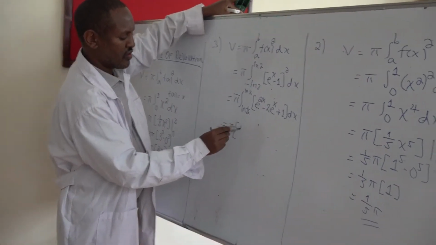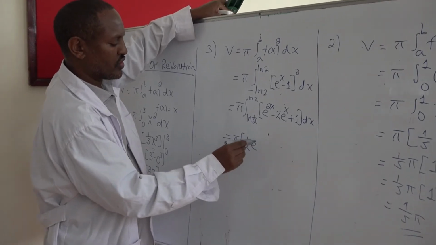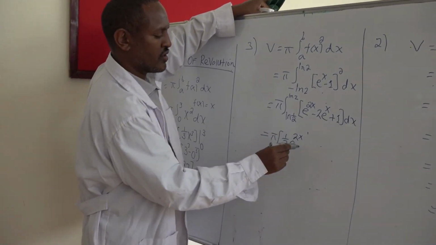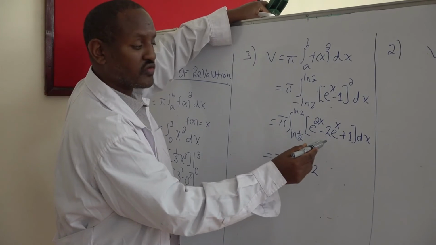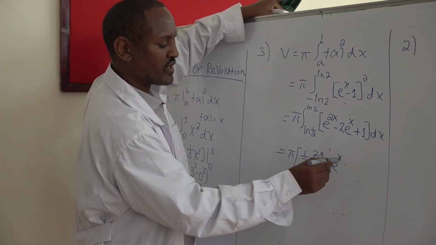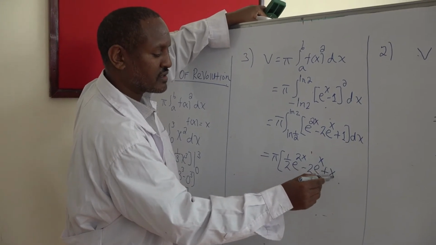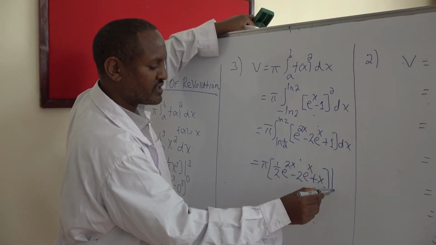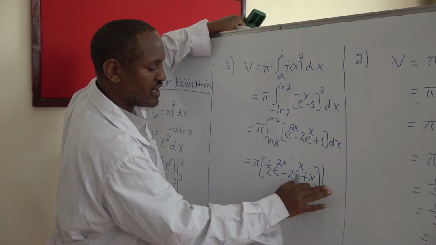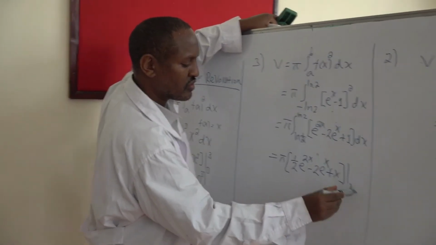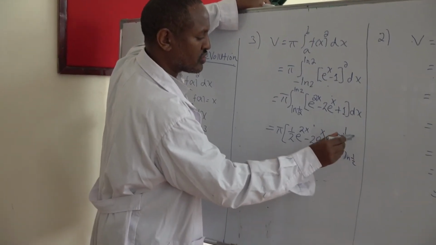It is 1 over 2 e power 2x, minus 2 times the integral of e power x, which is e power x itself, plus the integral of 1 dx, which is x. Then let's evaluate this from ln of 1 over 2 to ln 2.